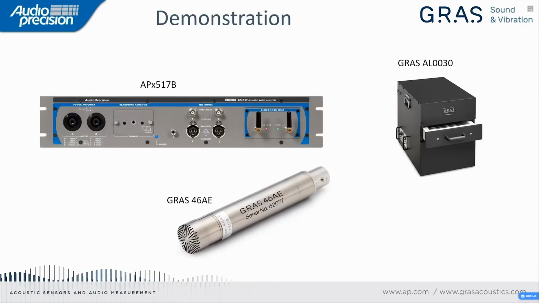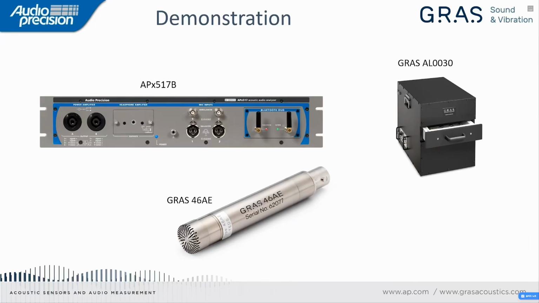So I'm going to be making some measurements on a loudspeaker, and what I'm using here is the APX 517 as shown on the slide. I'll be driving a loudspeaker from the power amplifier output, and I'll be measuring this on a measurement microphone connected to the mic input using constant current power supply, so a pre-polarized measurement microphone.